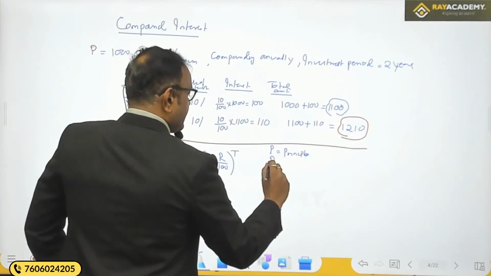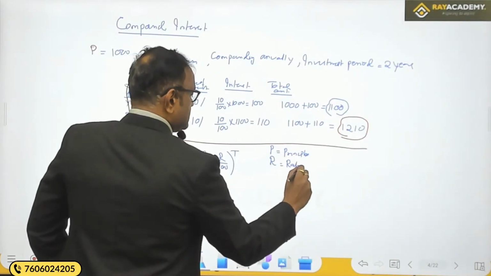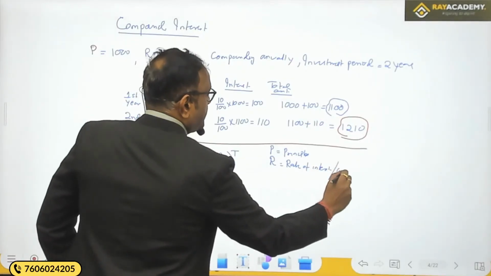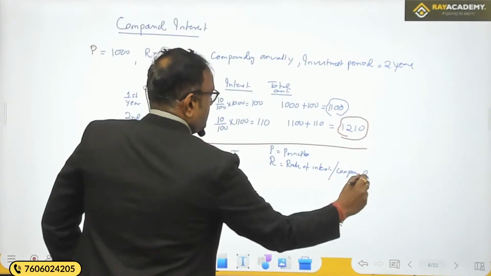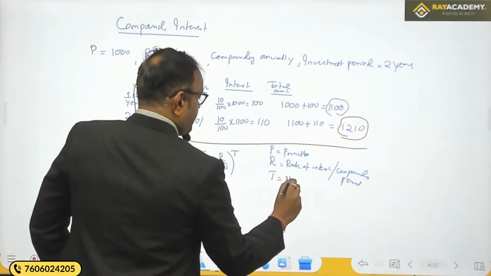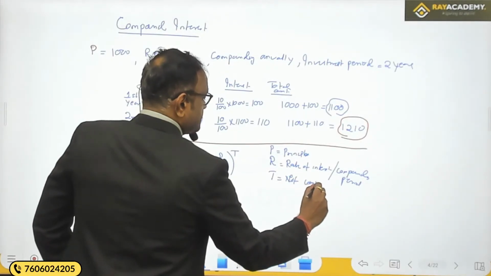And R is the rate of interest per compounding period. T is the number of compounding periods.